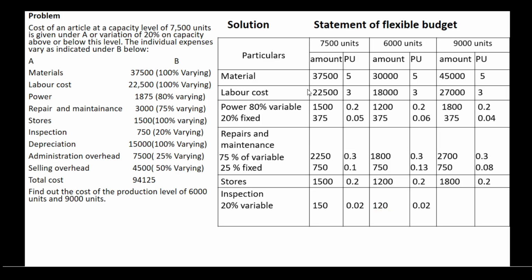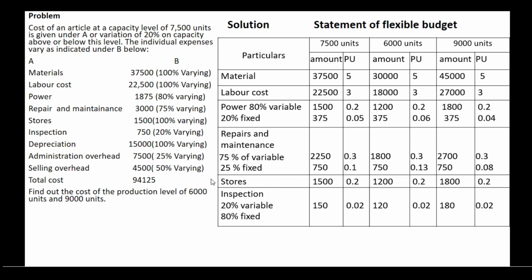And the next, for the 9000 units, the cost per unit is 0.02. So this 0.02 is multiplied with the 9000 units. So 0.02 into 9000. Now the amount is 180 rupees. And the next one, that is the depreciation.